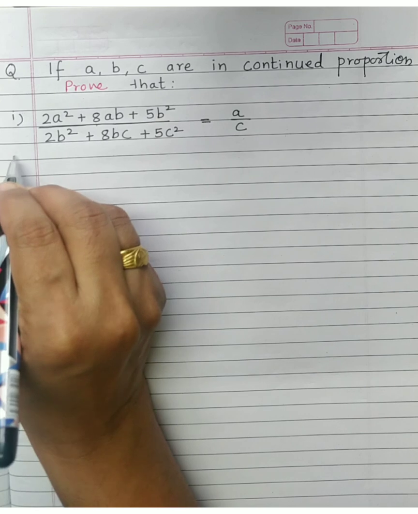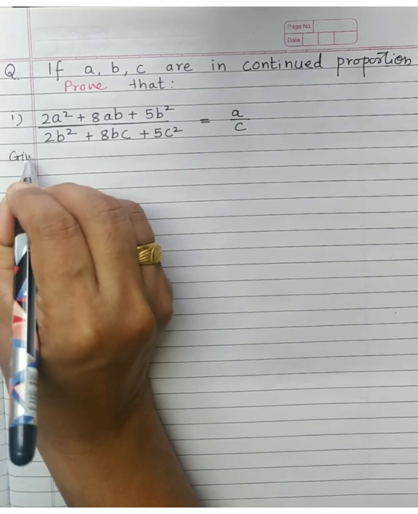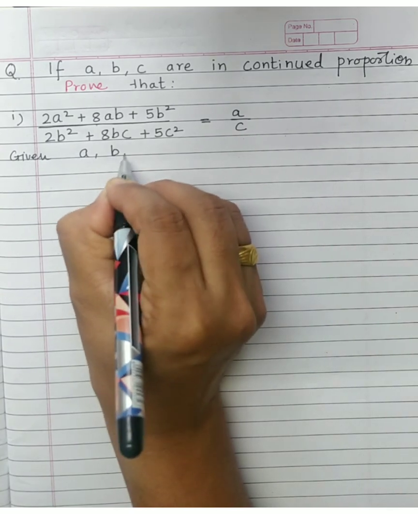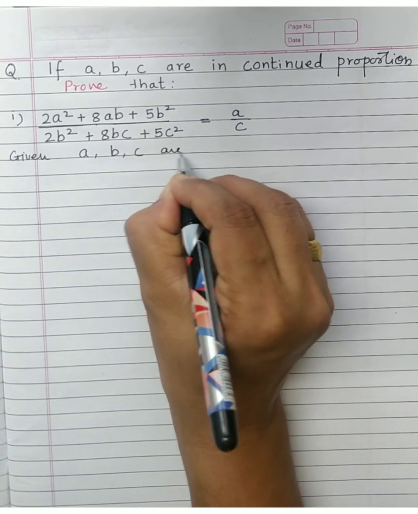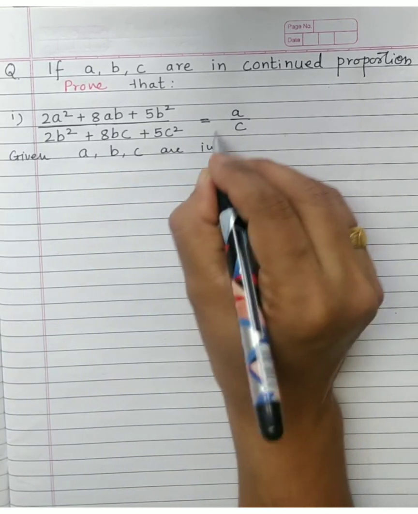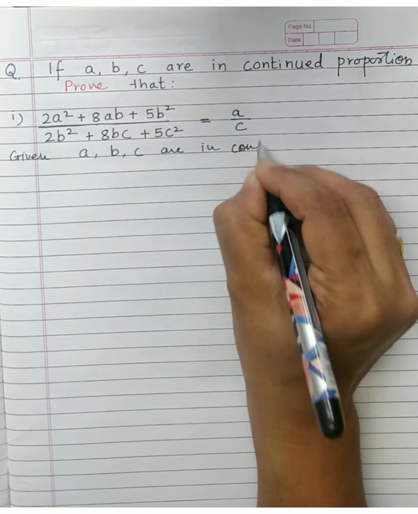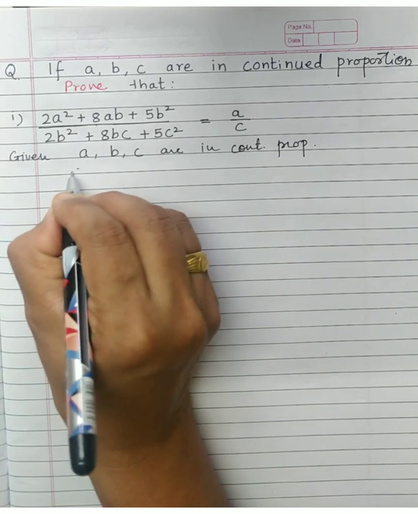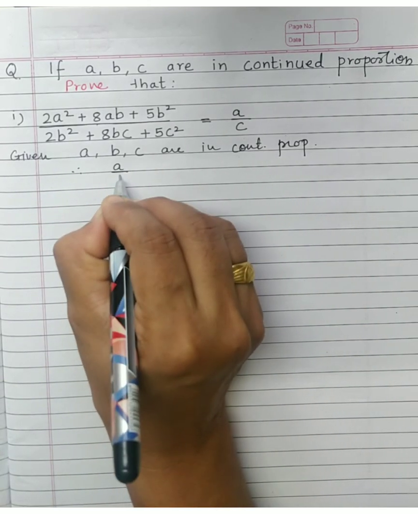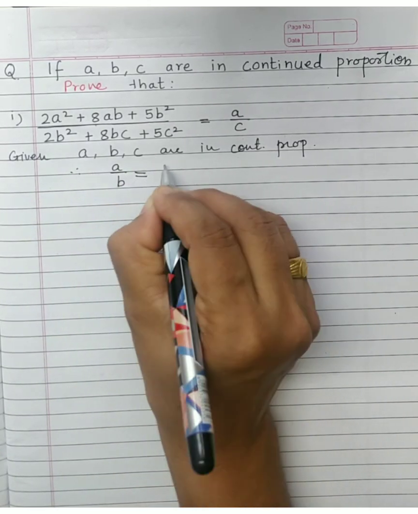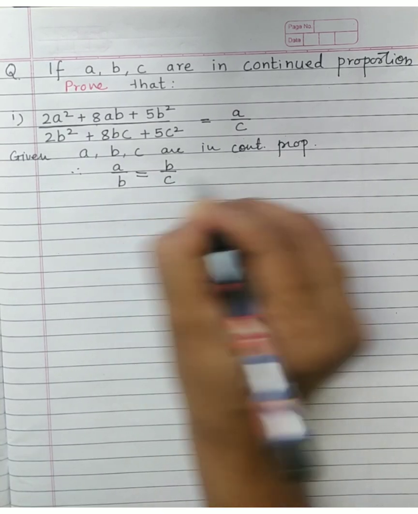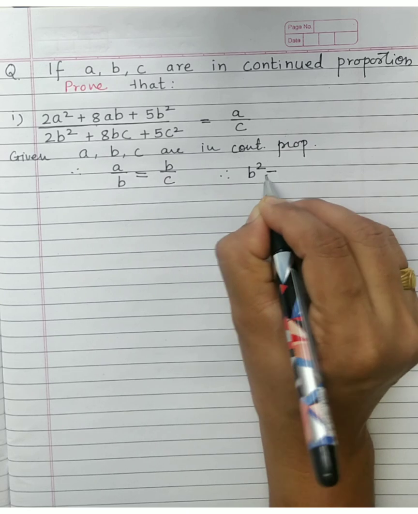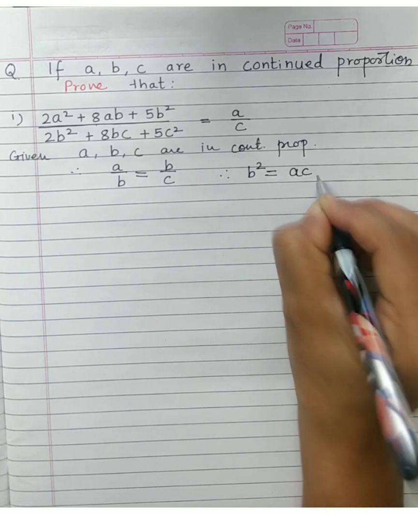First I will mention what is given to us. Given ABC are in continued proportion. You need to write this. Therefore, A upon B is equal to B upon C. Thus, B square is equal to AC.